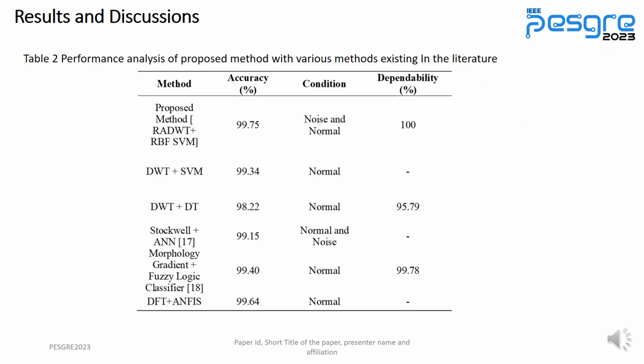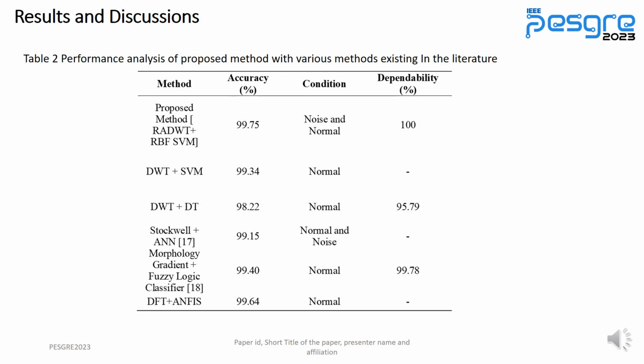We also compared the proposed method with various methods that already exist in the literature. For our proposed method, RADWT plus RBF SVM, the accuracy of detecting the fault is around 99.75%. We also took both noisy and normal conditions.